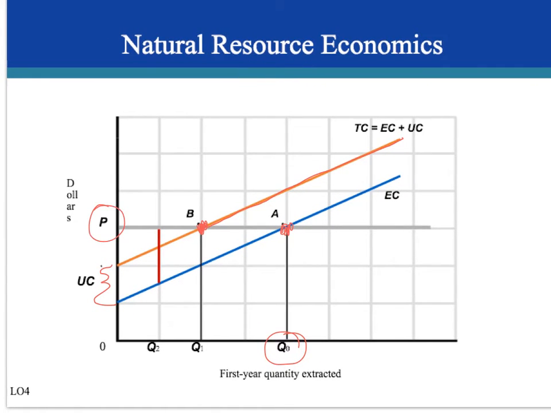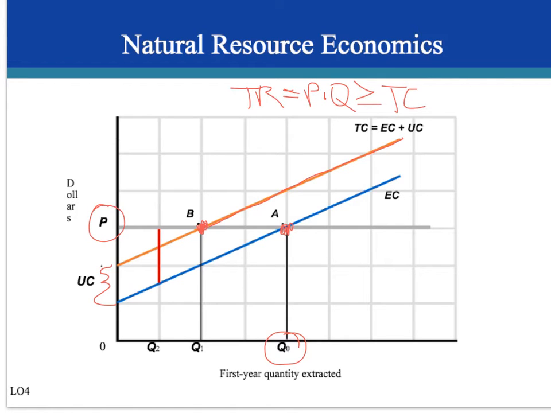Okay, they want to make sure that total revenue, which is P times Q, is greater than or equal to total cost. So anything above Q1 is not profitable, so they wouldn't produce.